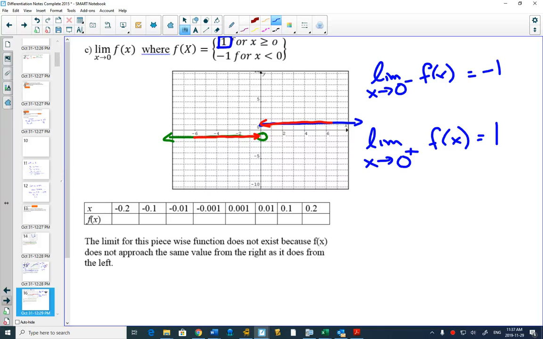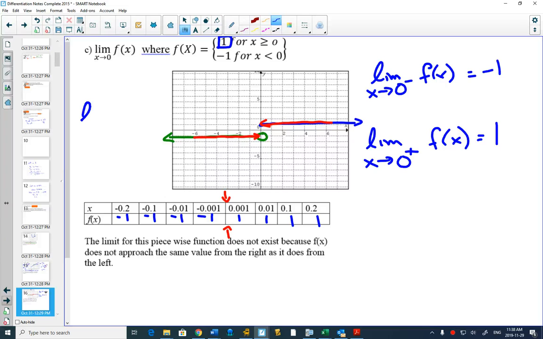In fact, we could fill in the chart here. It's -1, -1, -1, -1, +1, +1, +1, +1. This is what we're looking for: what is the limit as it gets close to 0. And if it doesn't approach the same value from the left as it approaches from the right, then we say the limit does not exist.